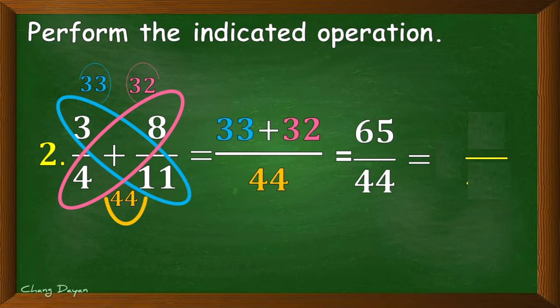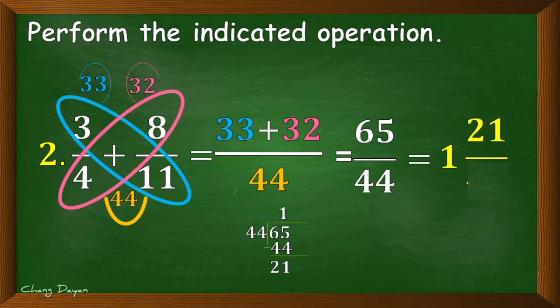Paano gawin? Divide lang natin ang 65 sa 44. And that is 1. 1 times 44 is 44. Then proceed sa subtraction. 65 minus 44, the answer is 21. So, ang 1, ito ang whole number natin, galing sa quotient.